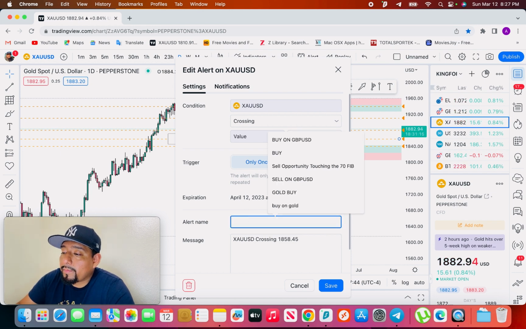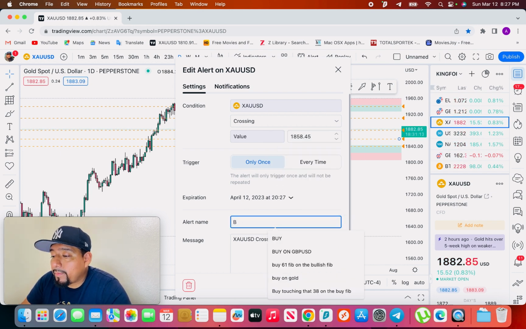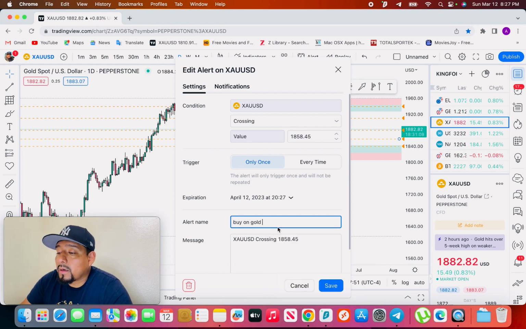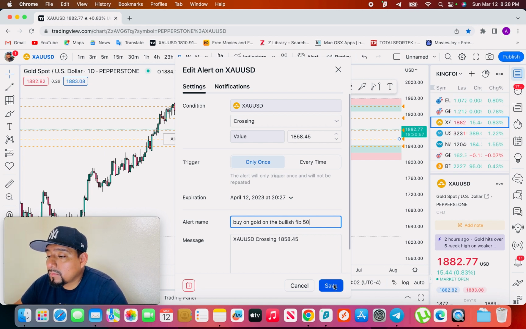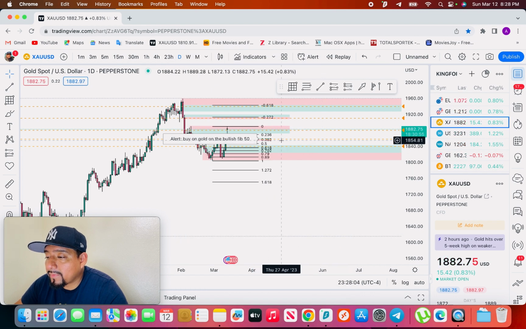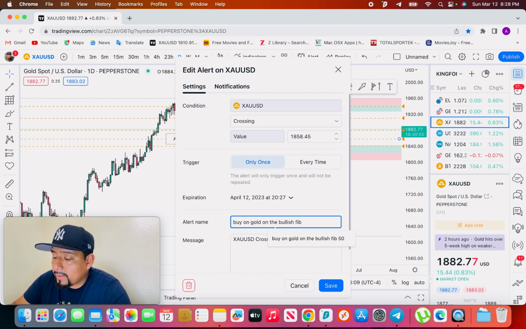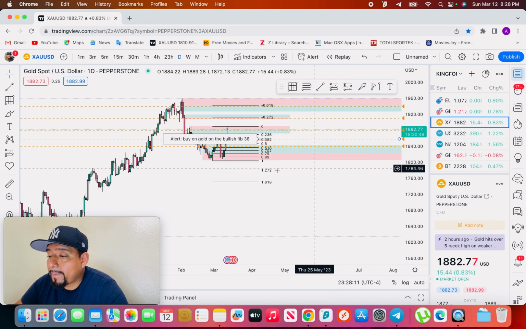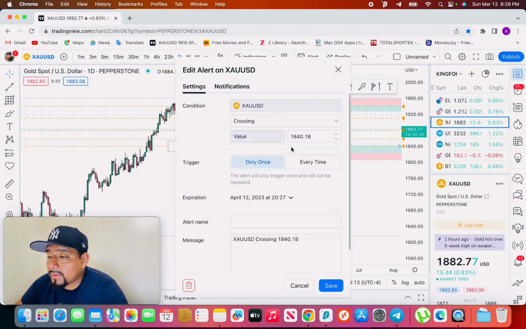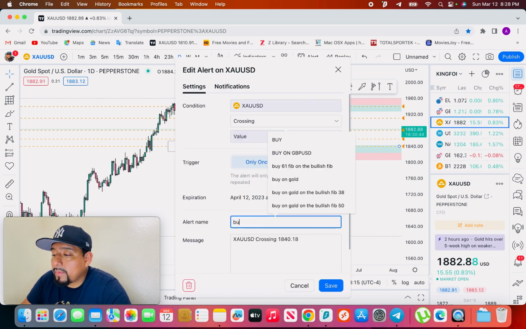We're gonna put buy on gold, the bullish. Oh, my bad. It's not even the 50. It's actually the 38. And then I'm gonna do this one too. Buy.